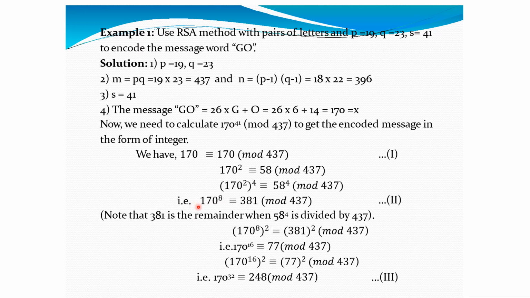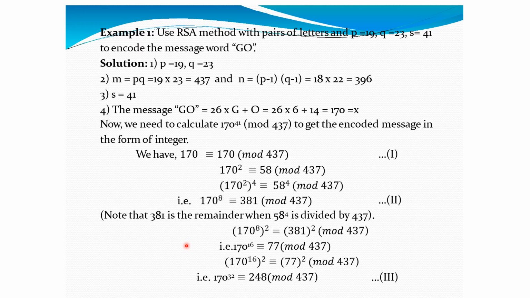And by transitivity, if A is congruent to B modulo n and B is congruent to C modulo n, then we get A congruent to C modulo n. So here 58 raised to 4 is congruent to 381 modulo 437 and this already holds. So ultimately 170 raised to 8 is congruent to 381 modulo 437. Now again we do square on both sides. Then again the congruence holds.